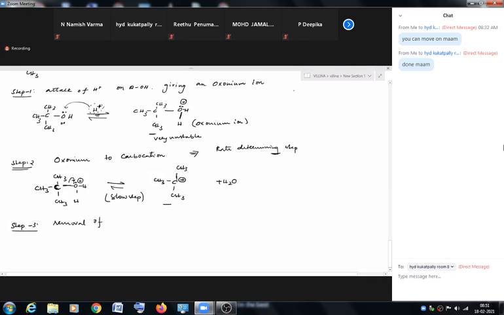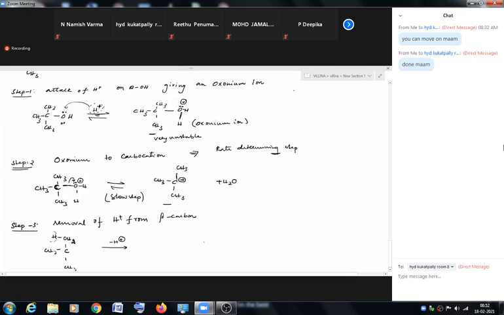So removal of H plus from beta carbon. So let's see what are all the beta carbons that we have. So 1, 2, 3, all of them are equivalent only. So let's say I'm writing CH2 and you have H over here. So this will be removed as H plus.